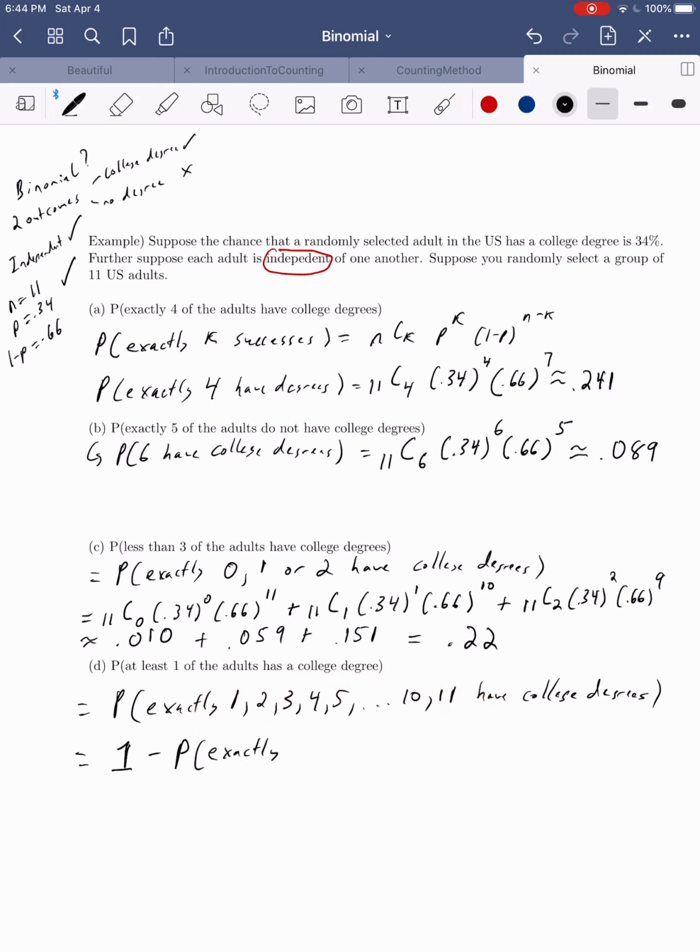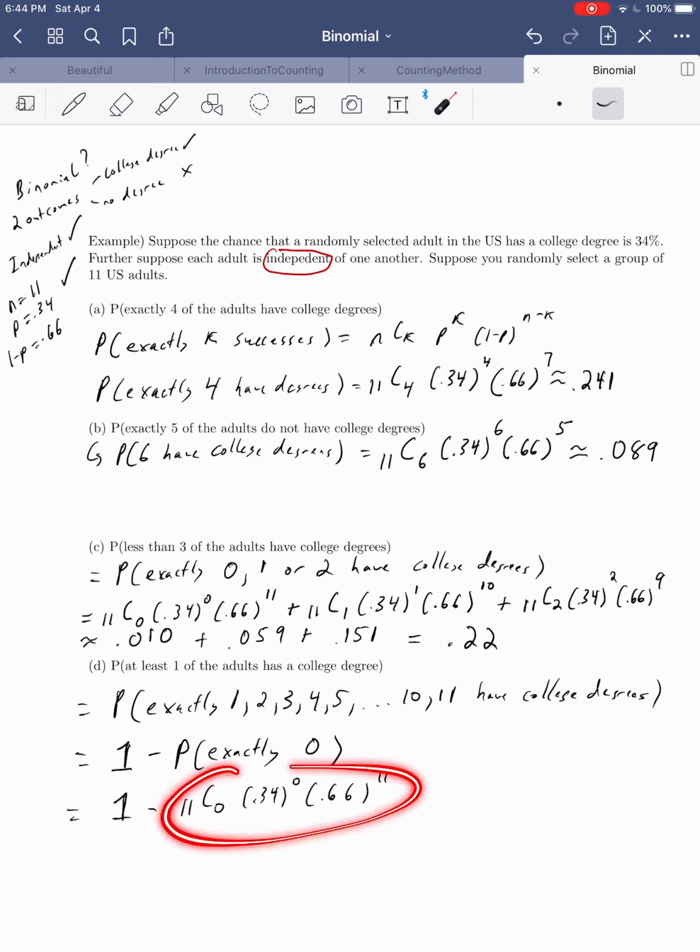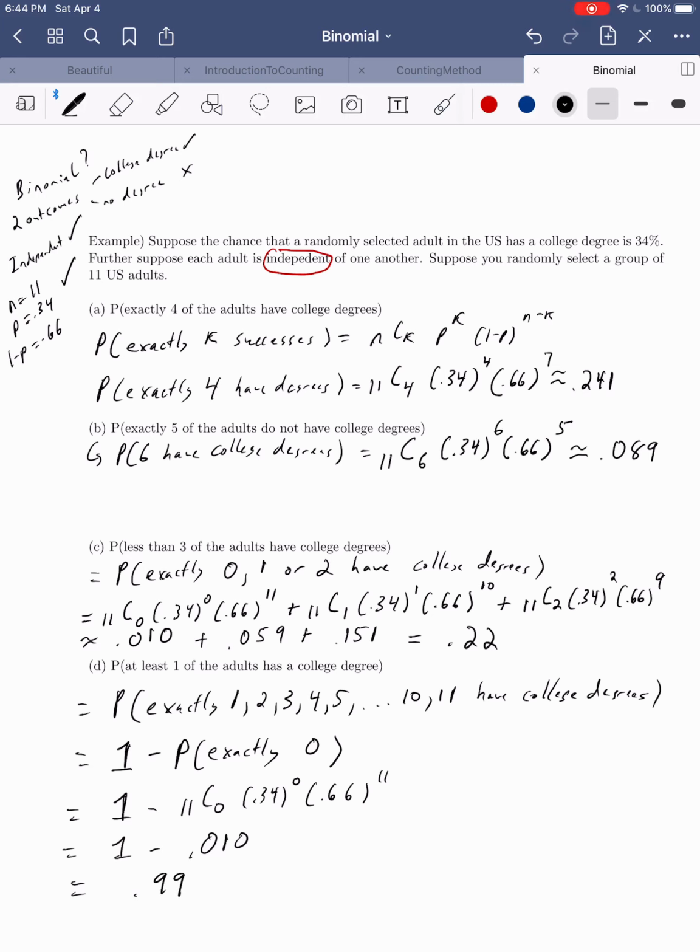So this would be 1 minus the probability of exactly 0, which would be 1 minus 11C0, 0.34 to the 0, 0.66 to the 11. That's none of them having a college degree. We actually already calculated this right here. So this would be 1 minus 0.010, which would be 0.99.